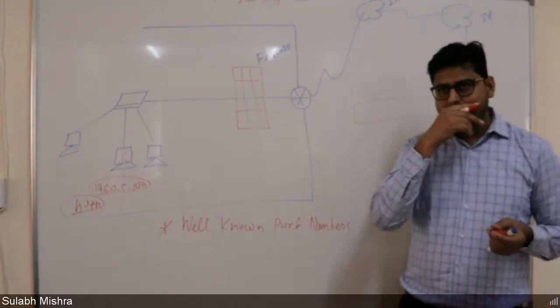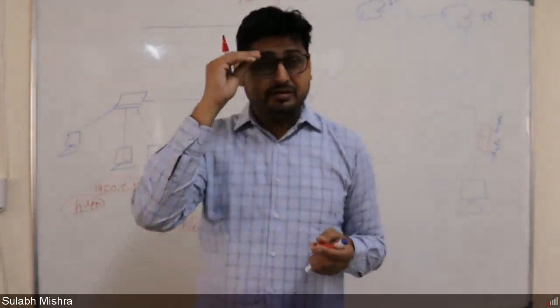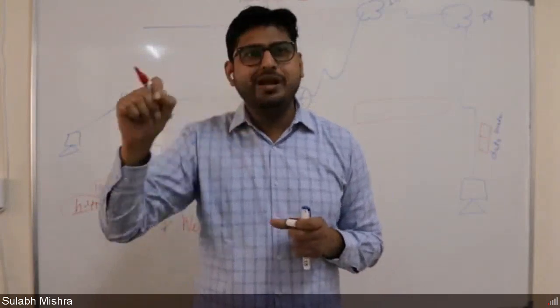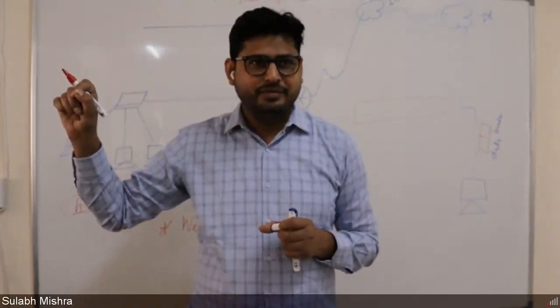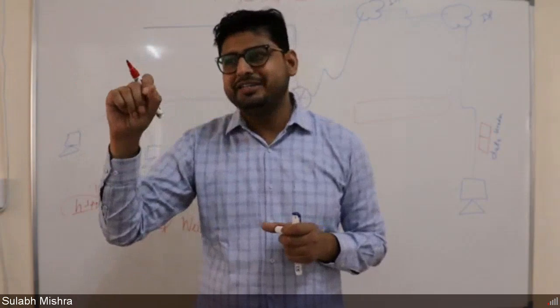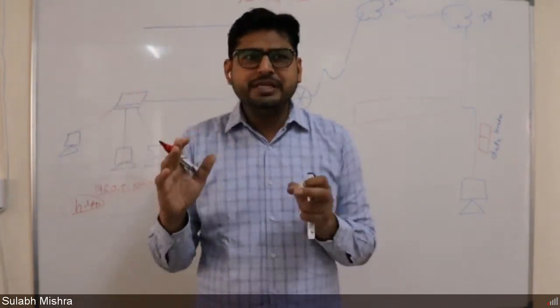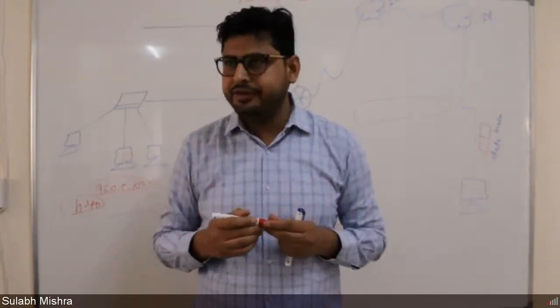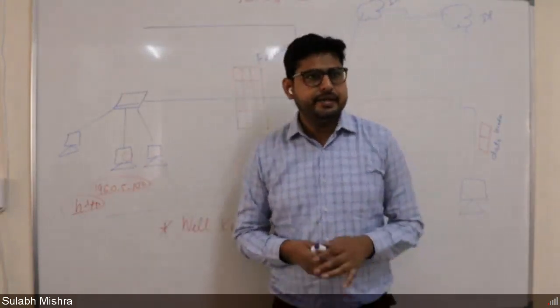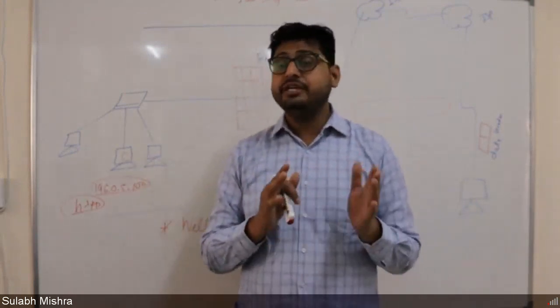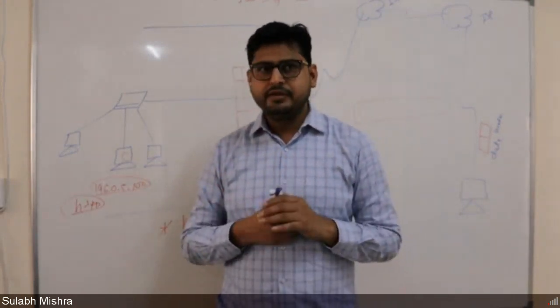Let's say SIEMXpert.com, it is HTTPS://SIEMXpert.com. Some websites are HTTP. HTTP and HTTPS are different protocols under the application layer, right? So some websites can be HTTP, some can be HTTPS.